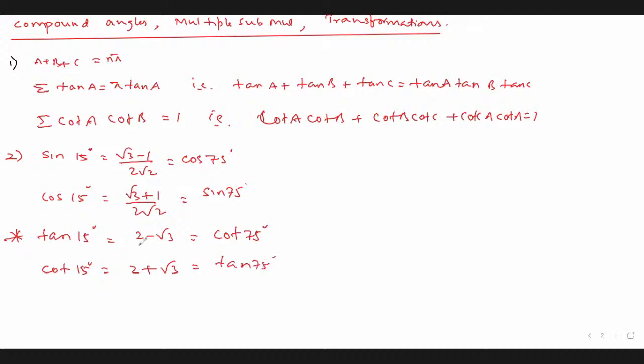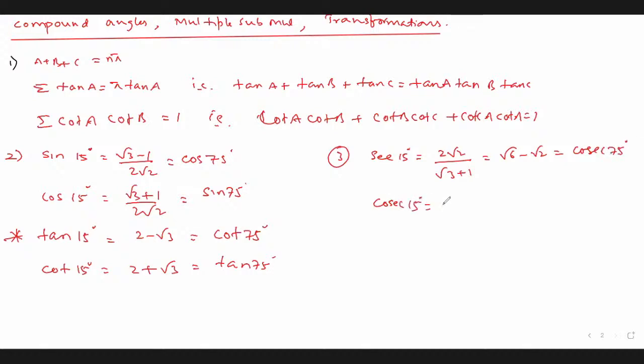Okay. And some other values are also important as the third point. Secant 15 degrees is equals to 1 by cos 15, means 2 root 2 by root 3 plus 1, which you can write as root 6 minus root 2, which is equals to cosecant 75 degrees.